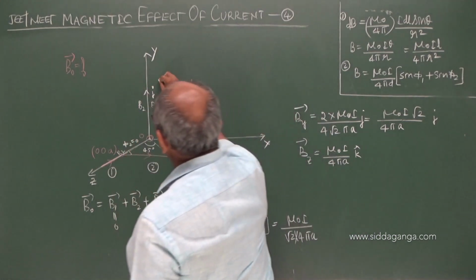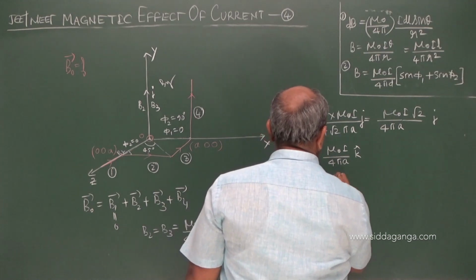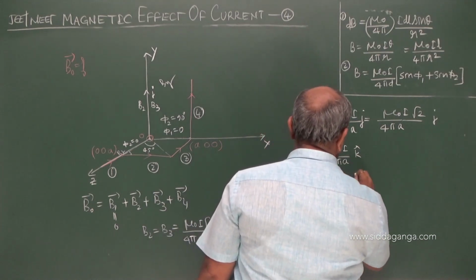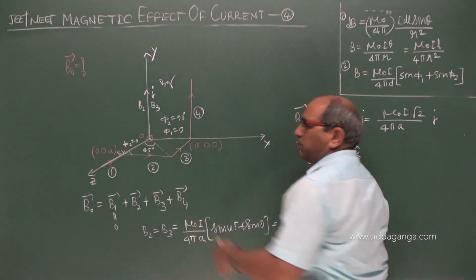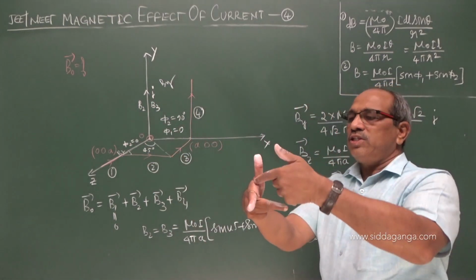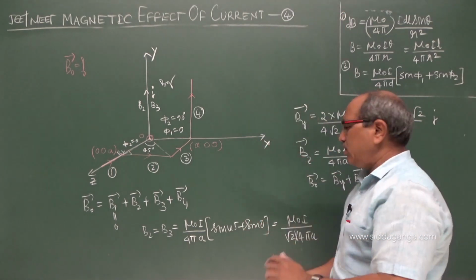Here it is By. Therefore B naught can be vectorially added as By plus Bz. One is along Bz, another is By, like this. This is Bz and By, mutually 90 degrees.